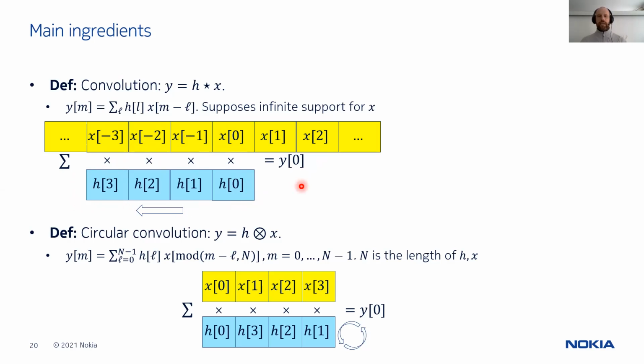So basically, in order to get y of 0, where y is the convolution of h and x, visually speaking, you flip h, you multiply element-wise, and then you sum. Then in order to get y of 1, you shift this h vector by 1, and you do the same thing, and then you flip, and then you shift, you shift, you shift.